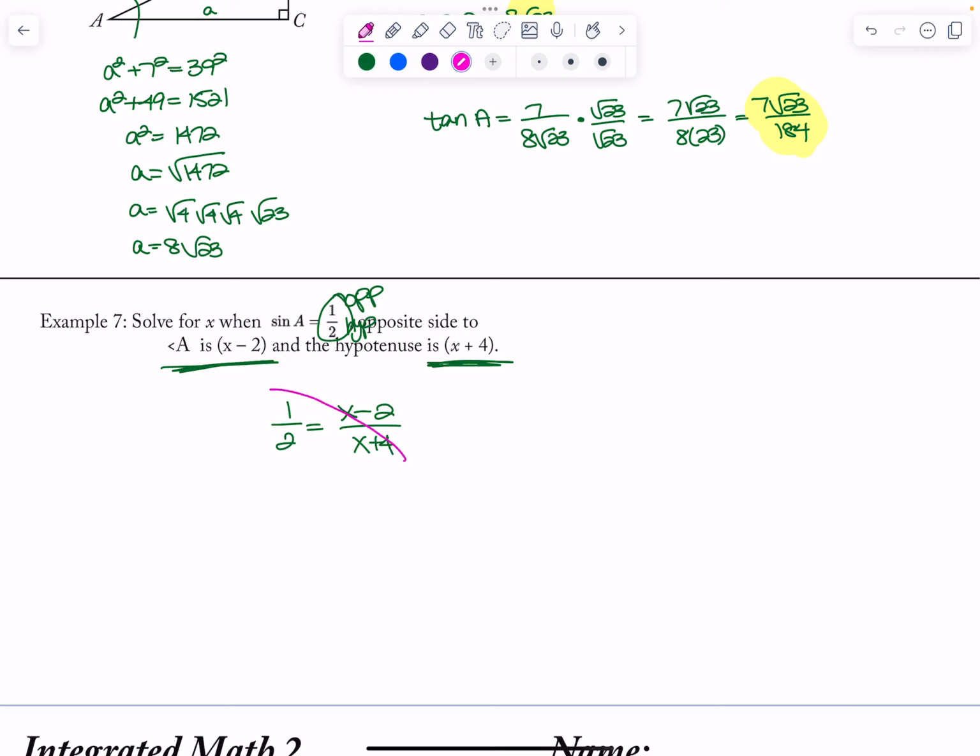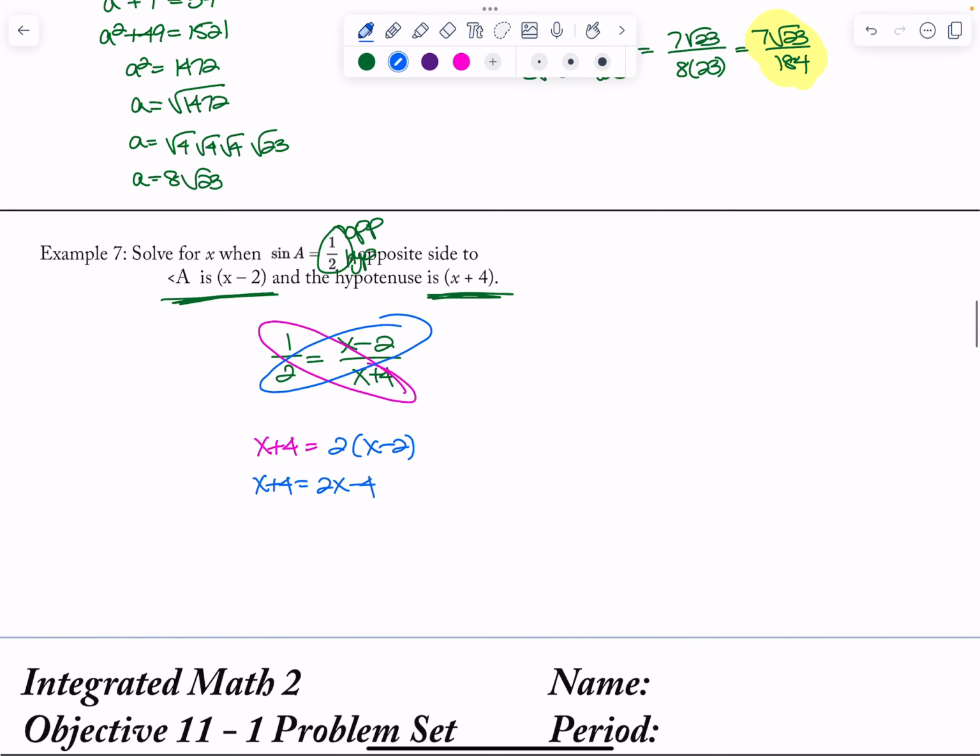And then to solve this, we cross multiply, so x plus 4 is equal to 2 times x minus 2. And then I distribute my 2, so I have x plus 4 is equal to 2x minus 4. So then 8 is equal to x. And that is how I solve for x there. And that is it for this lesson.